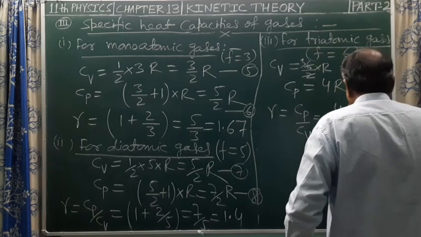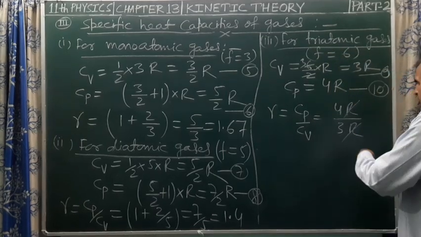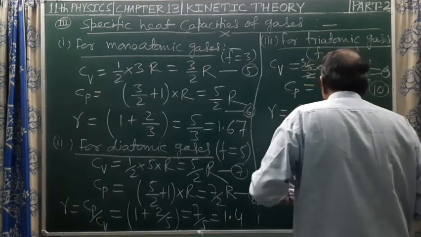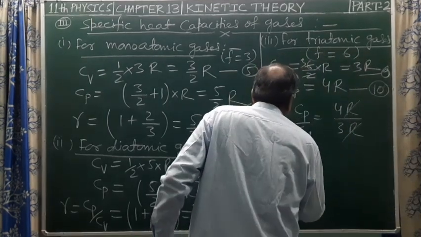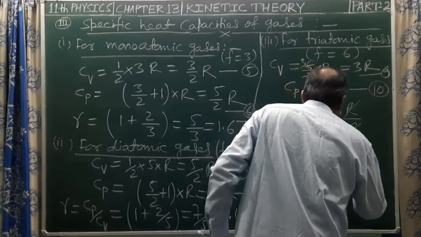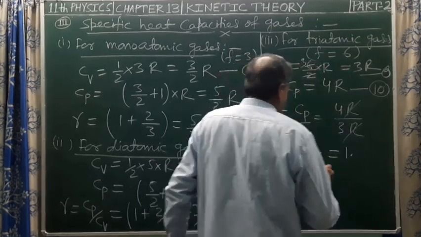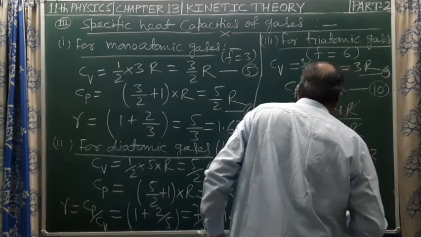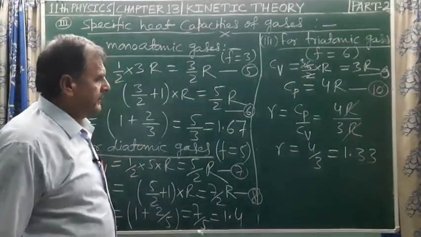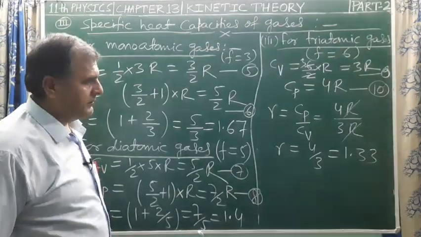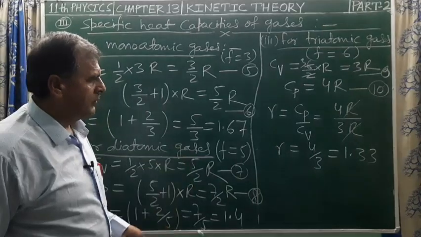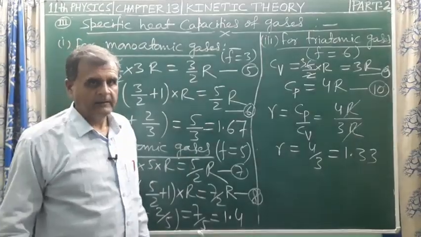R in the denominator and numerator will cancel out, therefore we have gamma equal to 4/3, and 4/3 is 1.33. So for triatomic gases, the ratio of the two specific heats, Cp by Cv, that is gamma, is equal to 1.33.